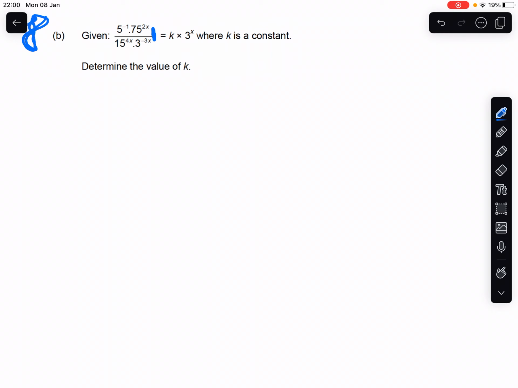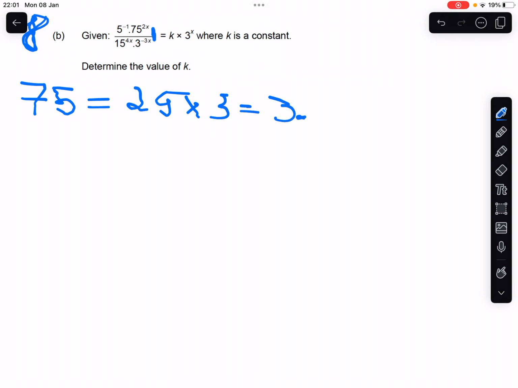In a situation like that, you want to get as many common bases as possible, and the way to achieve that is to use prime factors. 5 is a prime number, so we can't break that down any further. 75 is equal to 25 times 3, which is 3 times 5 squared. 15 is just equal to 3 times 5. And 3 is a prime number, so our work is already done there.